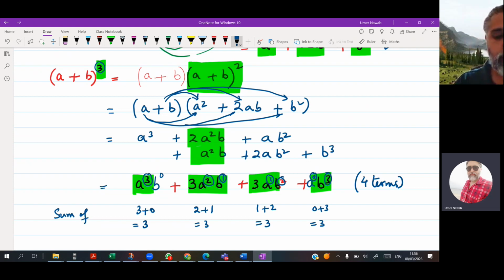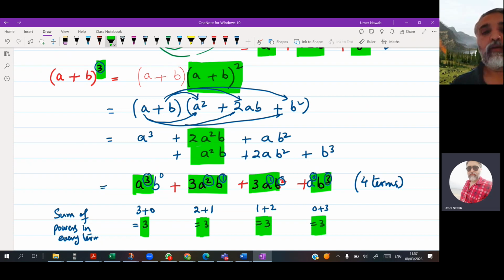So the sum of the powers in every term is the same as the actual power for which we need to do the expansion. Up till now, we are not clear how this 1 comes, 3 comes, this 3, and this 1.